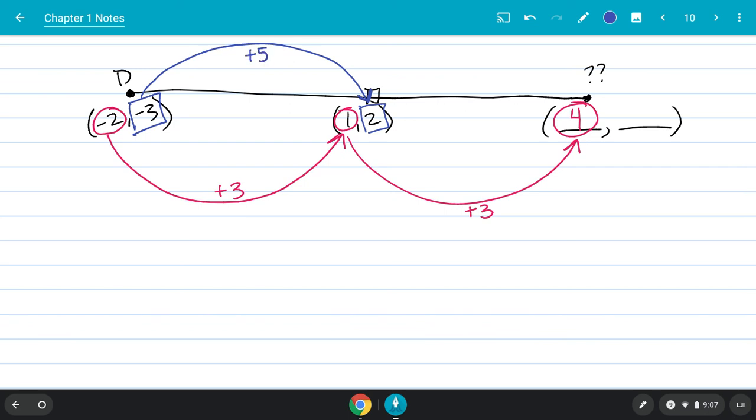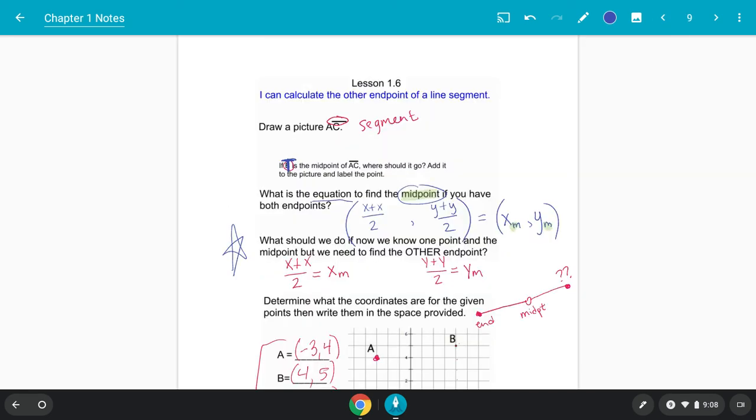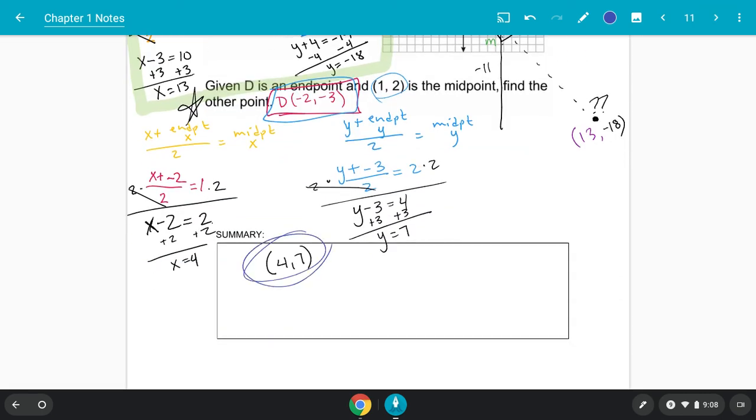So we went up 5. But if that's halfway, we got to do that again. So 2 plus 5 is 7. So we end up with (4, 7). Either method is going to work. You end up with (4, 7) in either case, and that's what we needed to do.